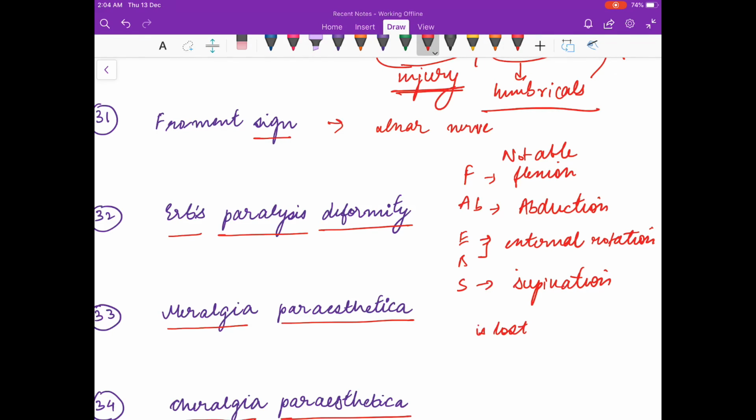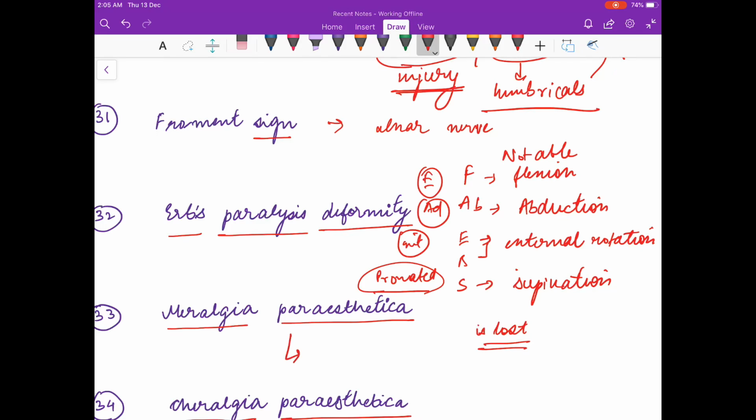So the arm is extended, adducted, internally rotated, and pronated. So the mnemonic is FABER is lost.